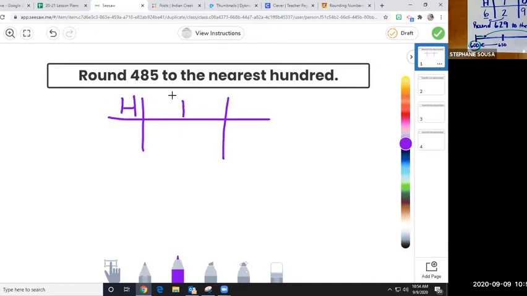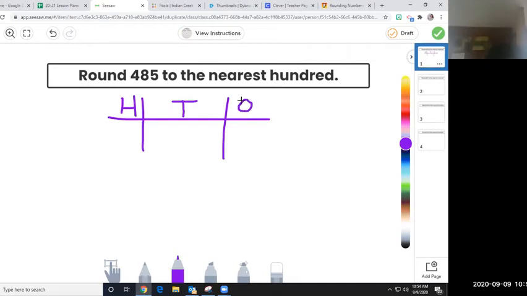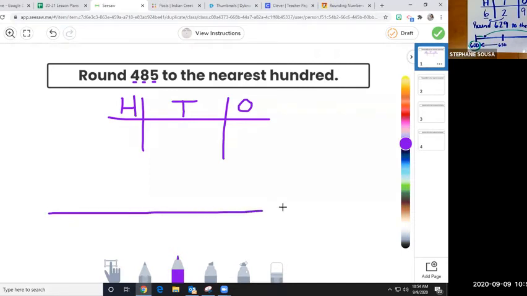Hundreds, tens, and ones. I'm going to put these digits in their correct place value. Then I should create a number line that has my benchmark numbers, which are hundreds on either side.